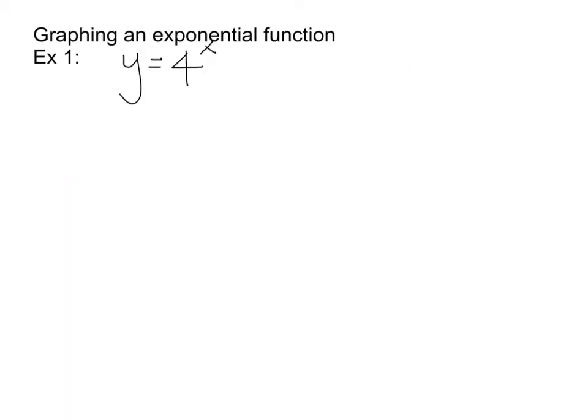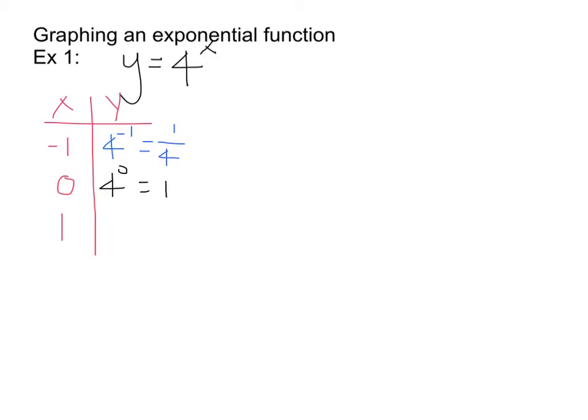Let's find out what the graph of y equals 4 to the x power looks like. There's three numbers you always want to plug in: negative 1, 0, and 1. If we plug those in for x, that gives me 4 to the negative first power. A negative exponent makes it move to the denominator and become positive. 4 to the 0 power, anything to the 0 power is 1.